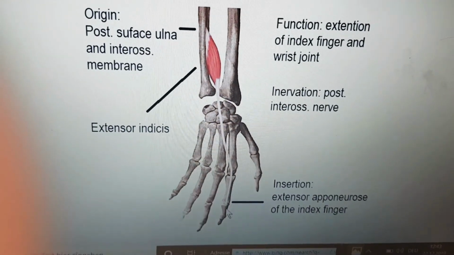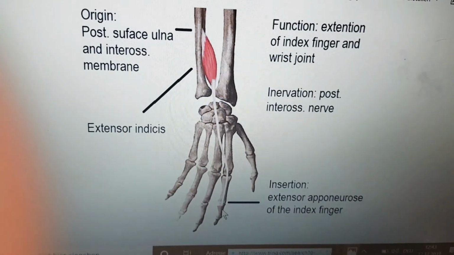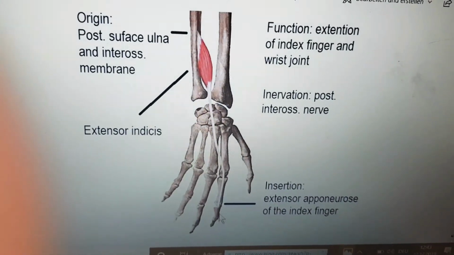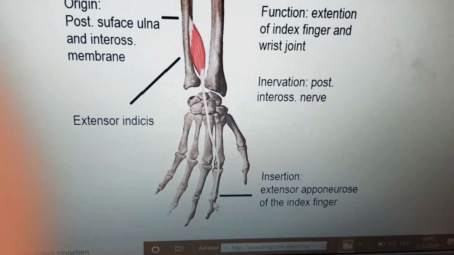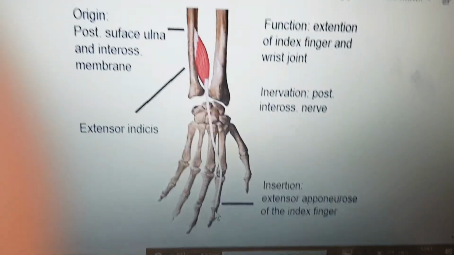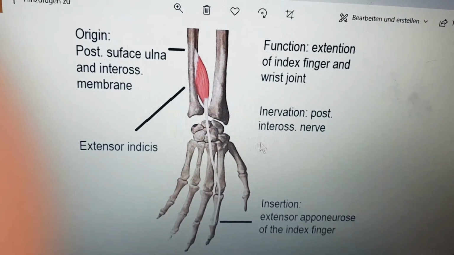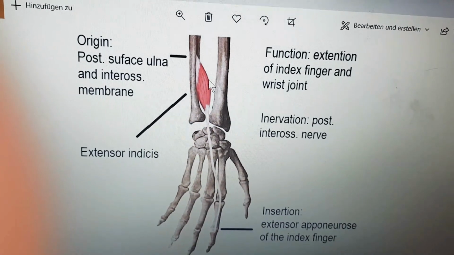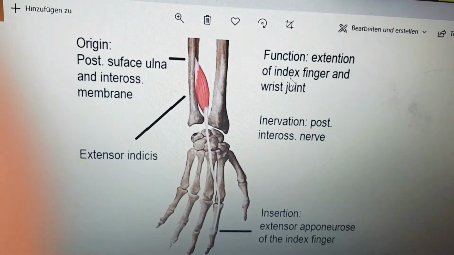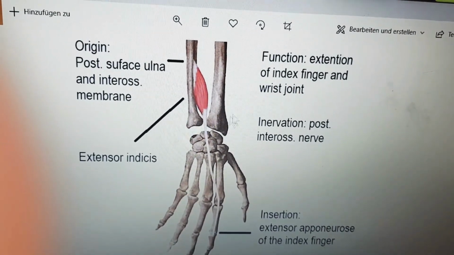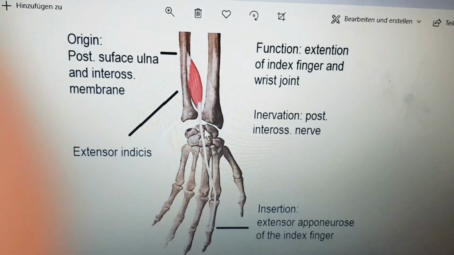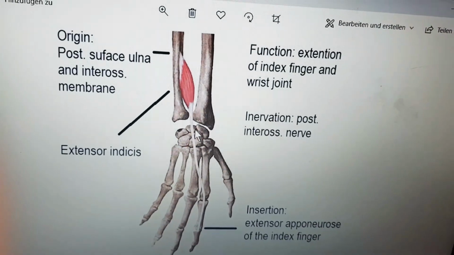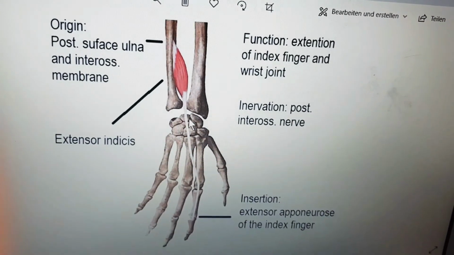The insertion of this muscle is the extensor aponeurosis of the index finger. The innervation of this muscle is the interosseous nerve, and the function of this muscle is extension of the index finger and wrist joint. So this was the extensor muscle of the forearm, the dorsal group.